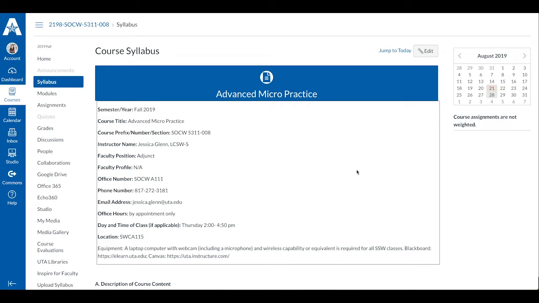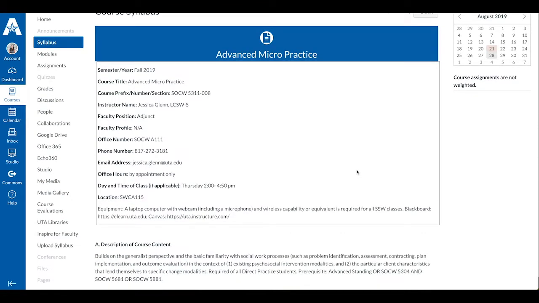But this is basically our contract for the semester. This is all of the information that you should need. This is a basic overview in the beginning: my email, my contact information. I prefer email, and office hours are by appointment only.